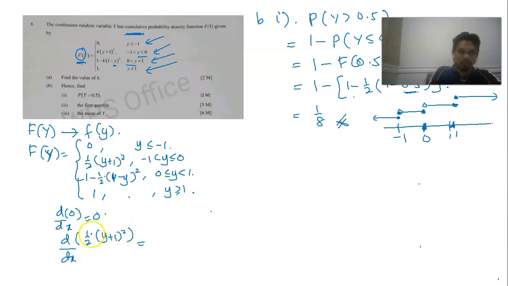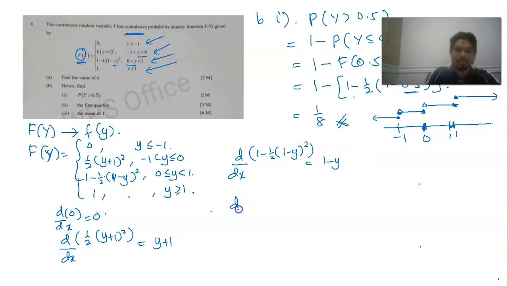Okay, 2 bring up here times half equal to 1, and then y plus 1, and then differentiate 1 minus 1 over 2 (1 minus y) squared with respect to x, and this one will give you 1 minus y.